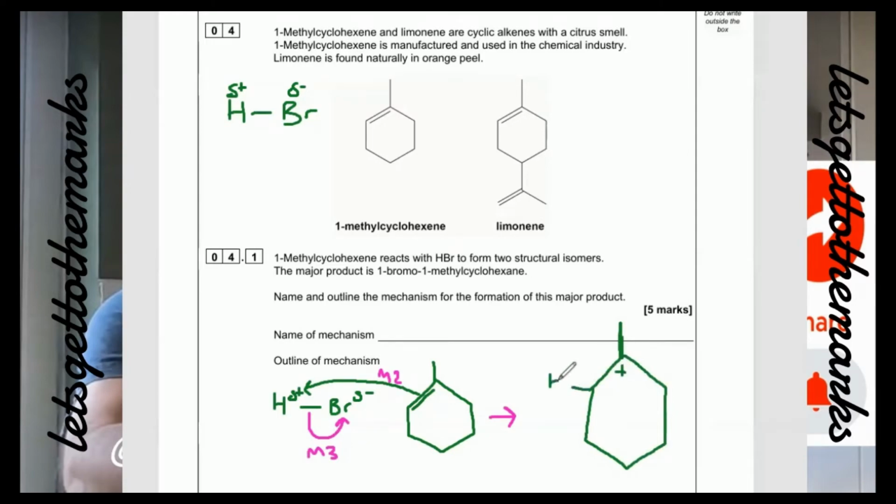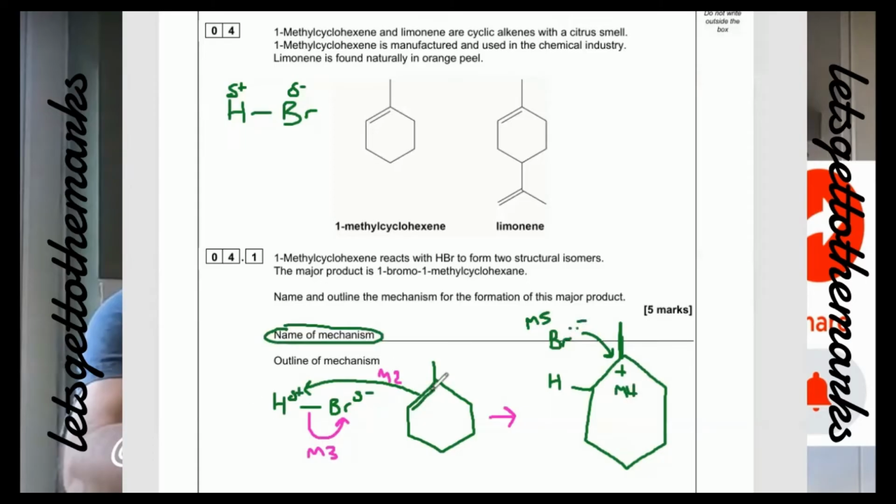Now, this is going to form a carbocation, and there's two choices to the carbocation. You can see here the hydrogen has joined over here, and this is for the major product, leaving the positive carbon atom in this position. And this is the more likely position for the positive carbon atom, and we'll go into the reasons for that in the next part of the question.